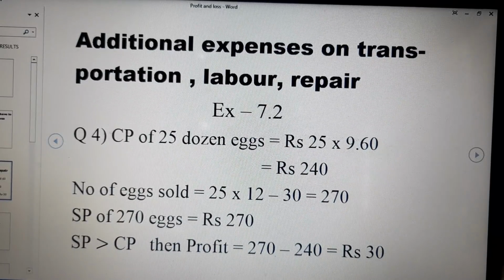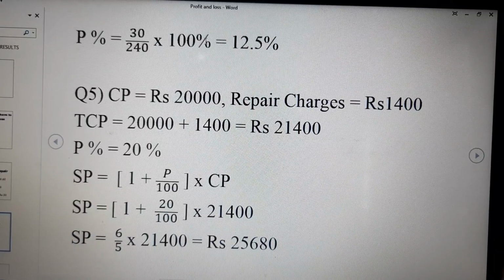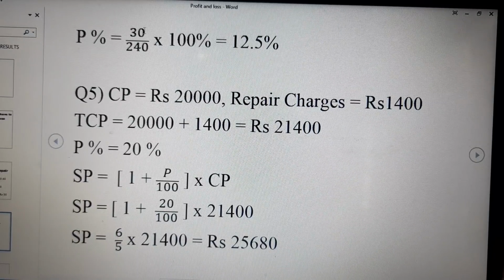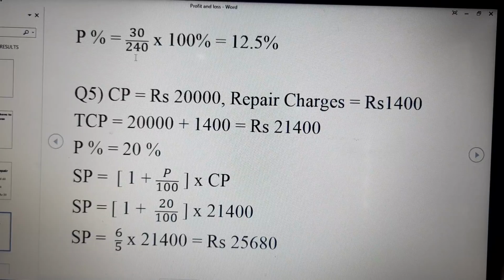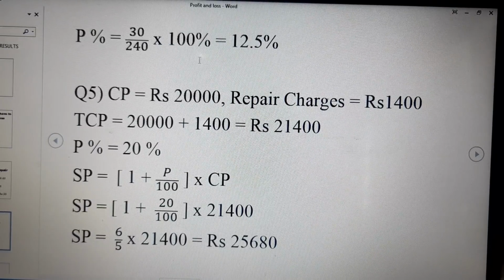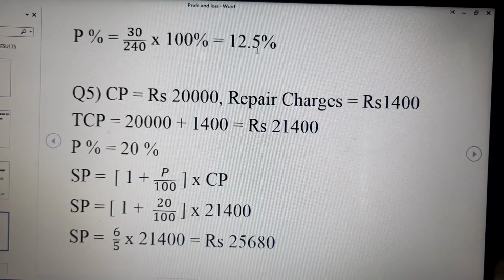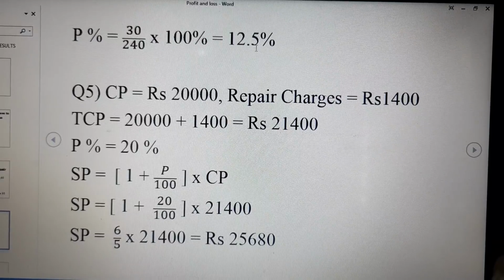So we can say that profit percent is equal to 30 upon 240 into 100%. If you solve it, 0 and 0 will be cancelled. 3 8s are 24, and then 100 upon 8 will be solved. You will get 12.5%. Clear? Able to understand?